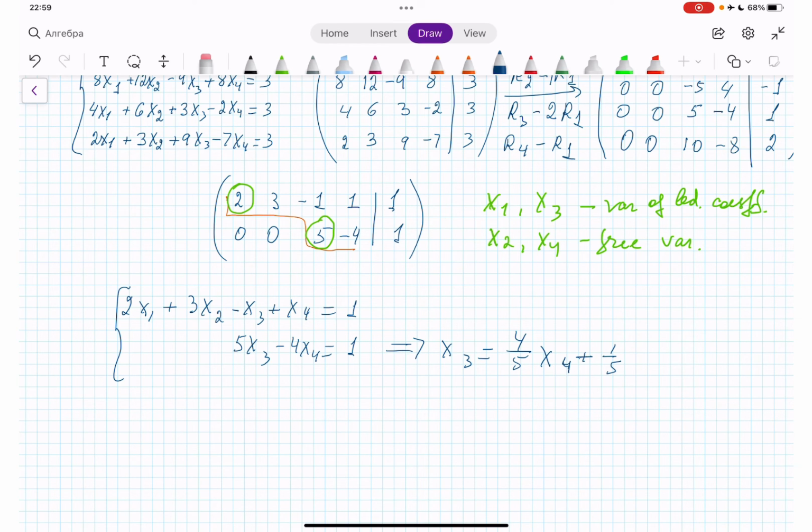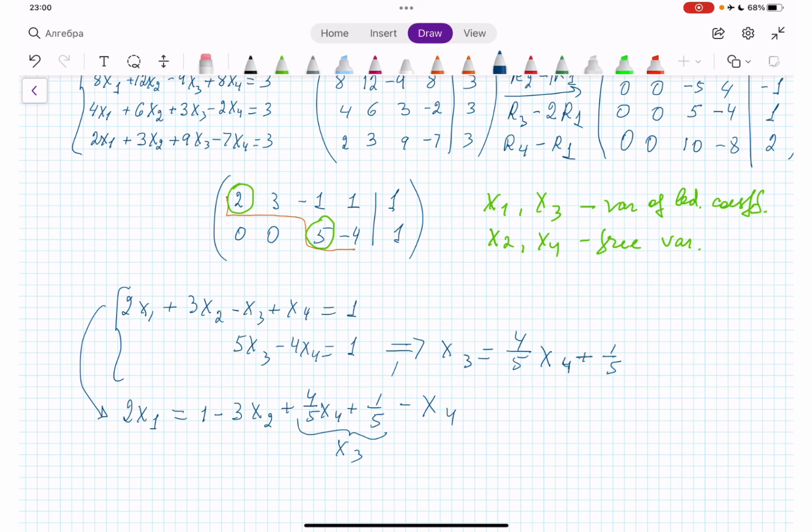Now I'm going to find x1 expressed through x2 and x4. How am I going to do it? I'm going to find it from the first equation. I'm going to write down how much 2x1 is equal to. So 2x1 is equal to 1 minus 3x2 plus 4/5 x4 plus 1/5, and minus x4. What did I do? This 4/5 x4 plus 1/5, I plugged in instead of x3.